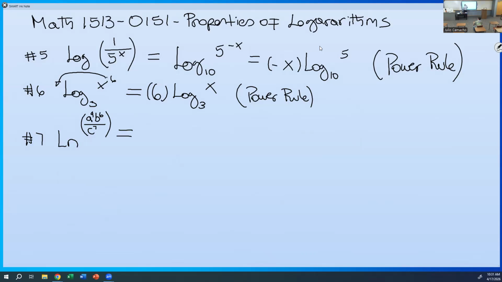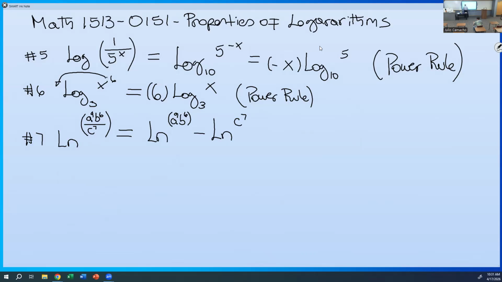So you have the natural log, and we have here our exponent a to the 9 times b to the 6, minus, because remember when it's a division we use the quotient rule, we subtract, the natural log of c to the 7.